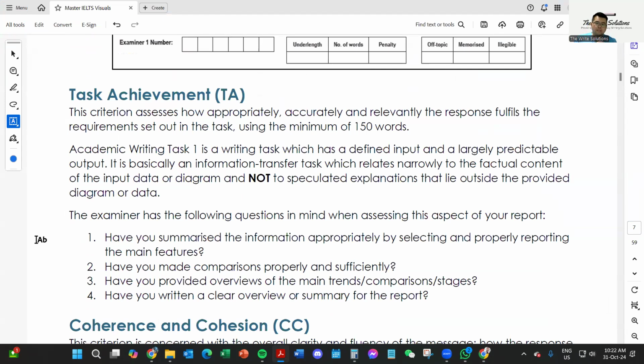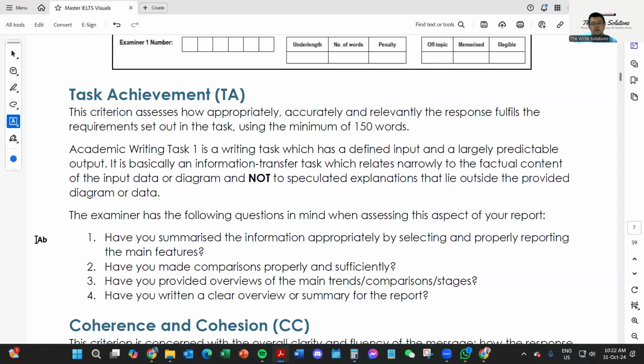There are no opinions in this. You're summarizing factual content, not speculations or explanations. You're not saying why the global population is this. You're not stating why the spending is this. You're just reporting the data.